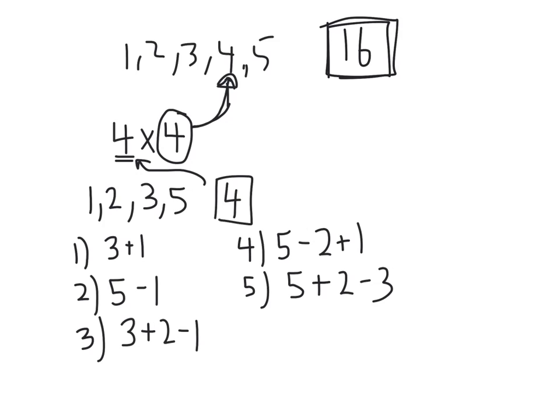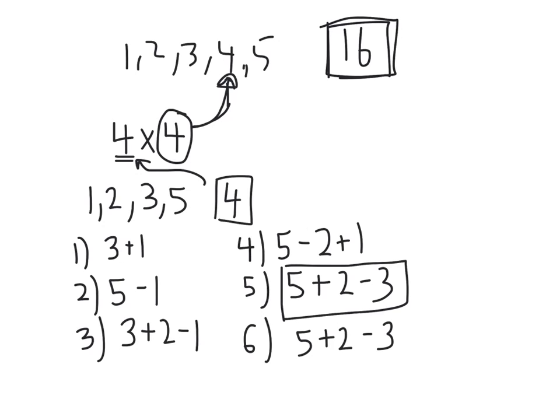And this one is really interesting, okay? So if you look at it, I haven't used the 1. So if I want, I could repeat exactly the same thing. So I could do 5 plus 2 minus 3, and then multiply that whole thing by 1, and I would still get 4.